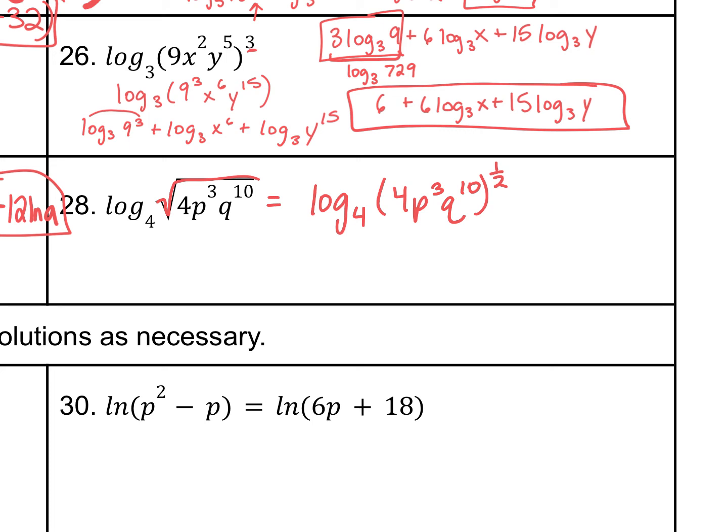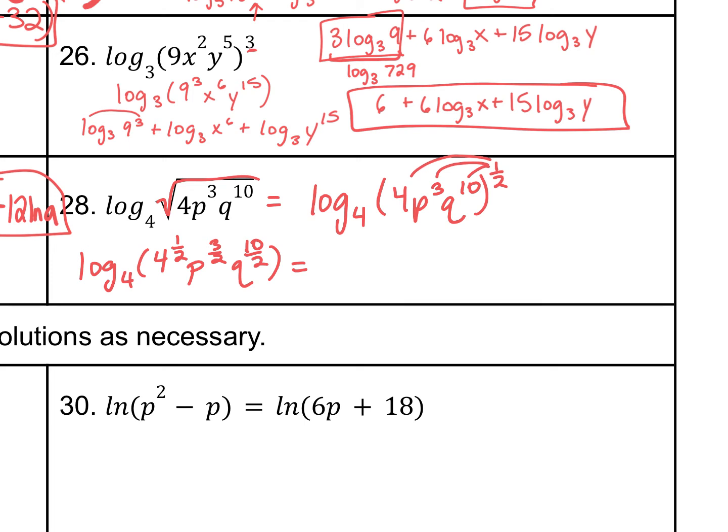And then we are just distributing that power out to each of these components first before we expand this. So log base 4 of 4 to the 1/2, p to the 3/2, q to the 10/2. Okay?